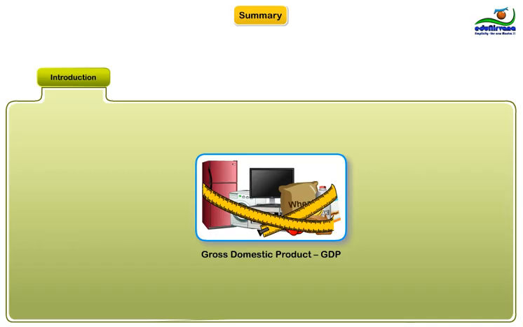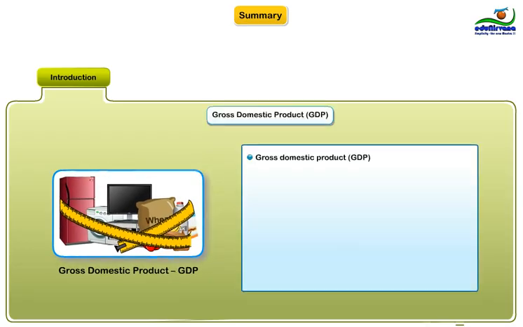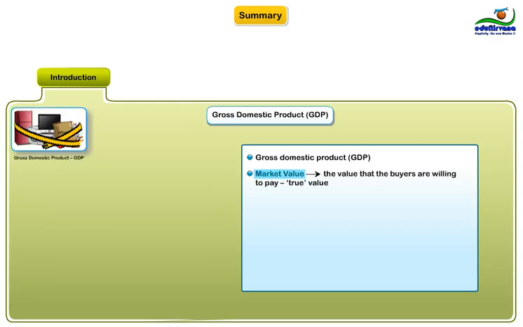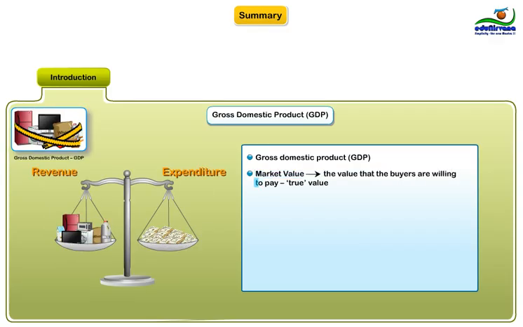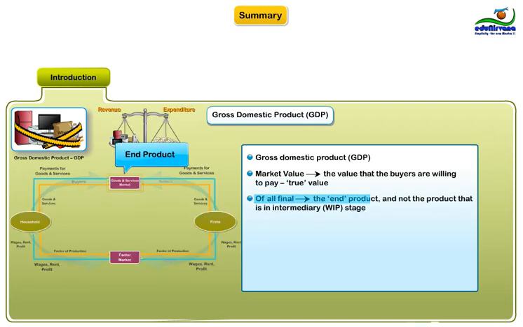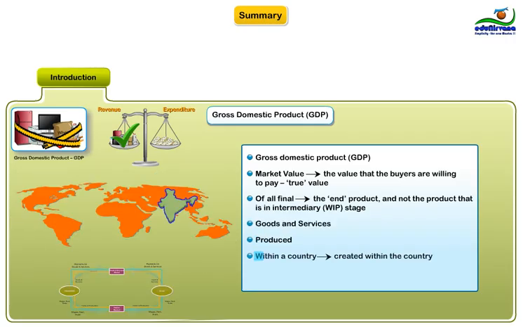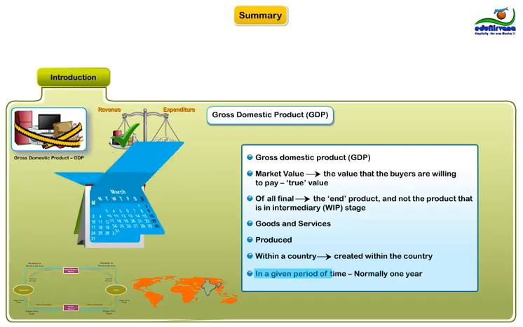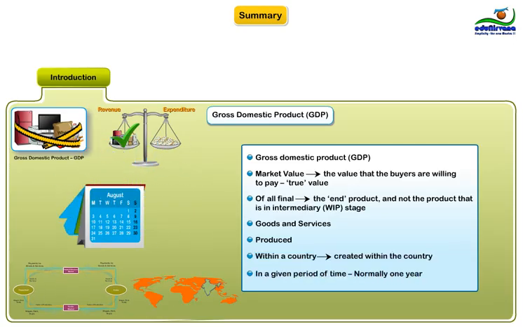Initially, a closed economy was considered and GDP was defined as: Gross Domestic Product, GDP, is the market value, the value that the buyers are willing to pay, true value, of all final, the end product, and not the product that is in intermediary, WIP, stage, goods and services produced within a country, created within the country, in a given period of time, normally 1 year.